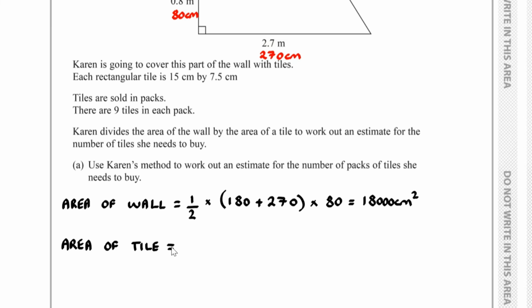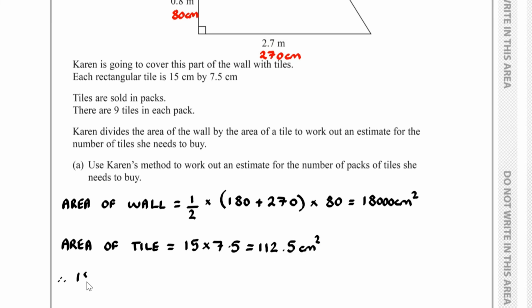The area of the tile, well, first of all, the area of the tile is 15 times by 7.5, which is 112.5 centimeters squared.